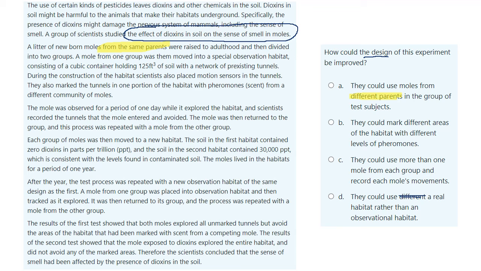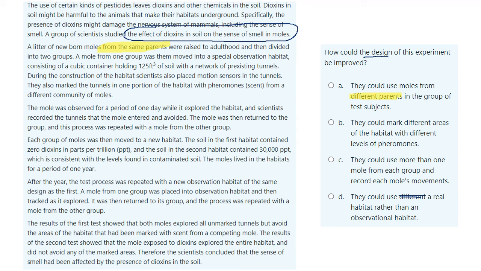Part of the ability to smell would be based on their genetics. Some parents would have a good sense of smell, some would have a poor sense of smell. So by taking all of the moles from the same parents, they are removing one additional variable. They're trying to remove the hereditary element.